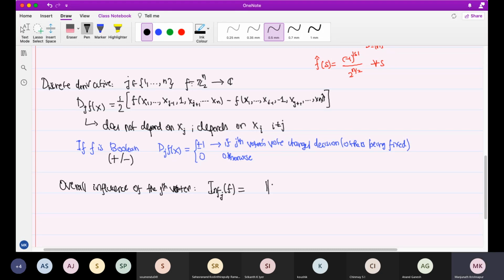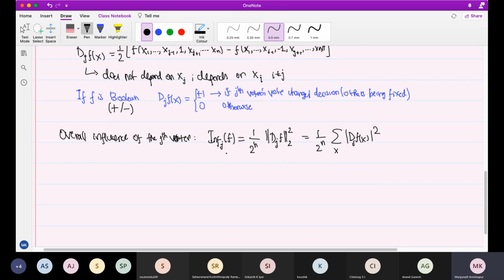I just take the L2 norm squared of this derivative and divide by 2 to the n. So this is 1 over 2^n, sum over x, of (d_j f of x) squared. This is called the influence of the jth variable on f.